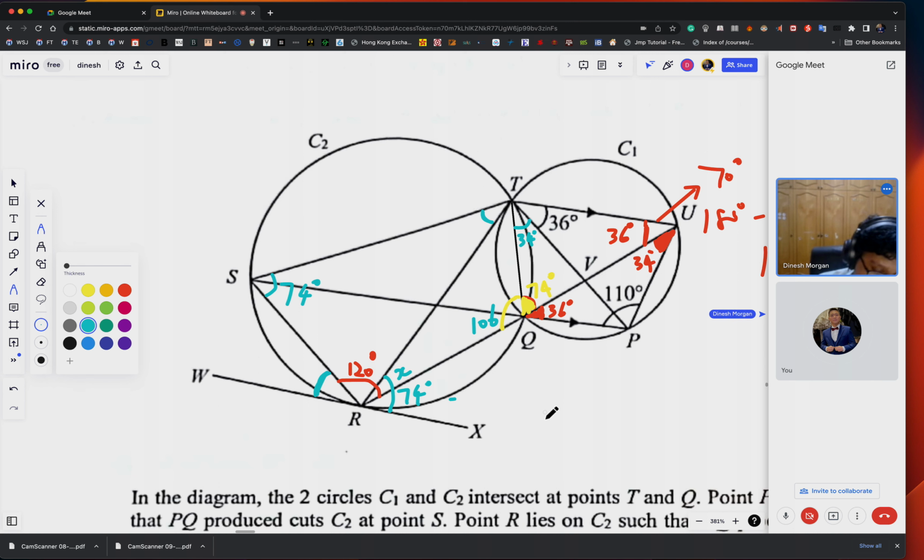Then for this, parallel lines, so you... Is there a way for you to find this?